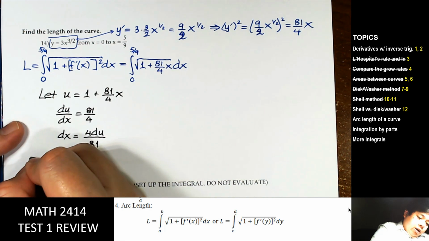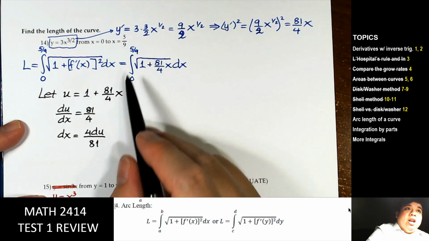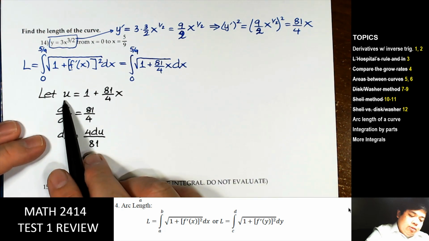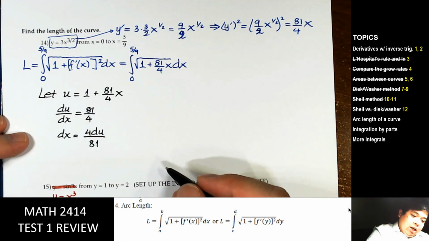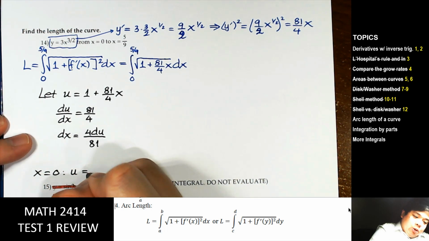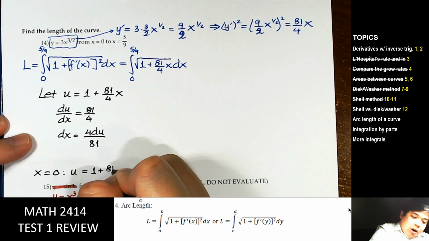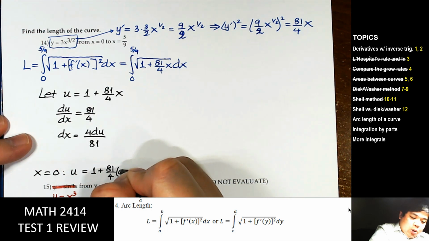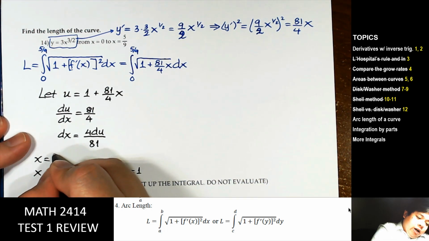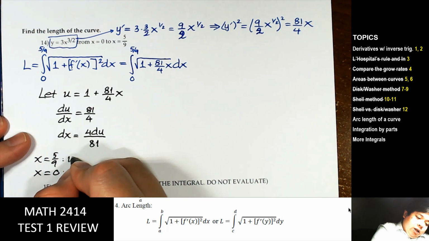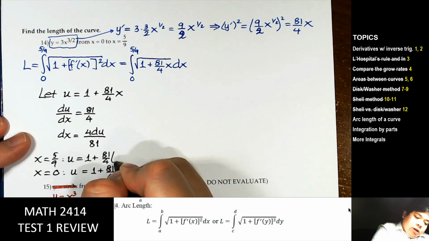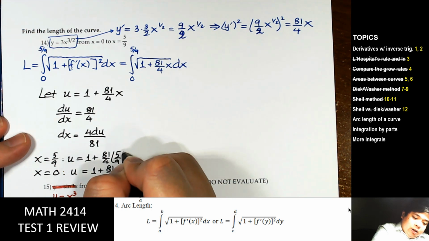Right. And then we have to change the limits as well. u equals 1 plus 81 over 4 x. So when x equals 0, u equals 1 plus 81 over 4 times 0, which is 1. When x equals 5 over 9, u equals 1 plus 81 over 4 times 5 over 9.